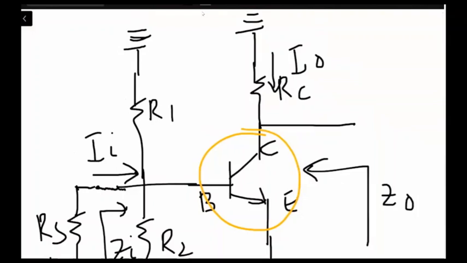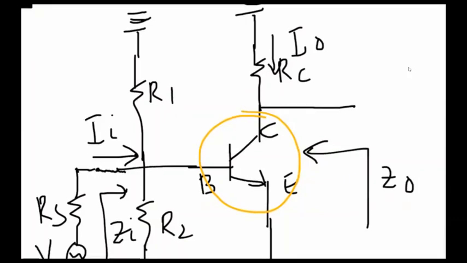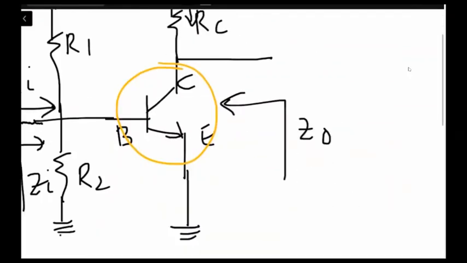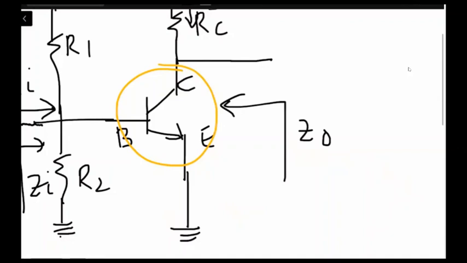We are working with a system that has the input current as well as the input voltage, as well as the output current, and from the collector we have the output voltage over here, right?